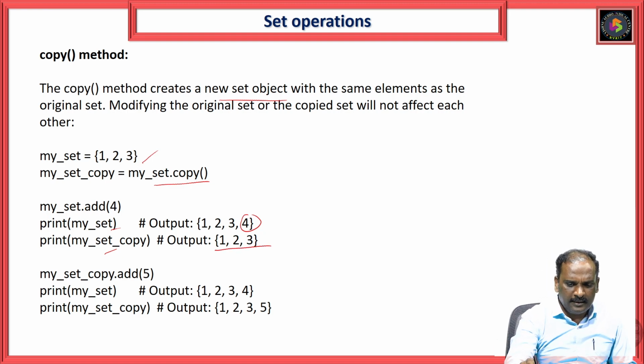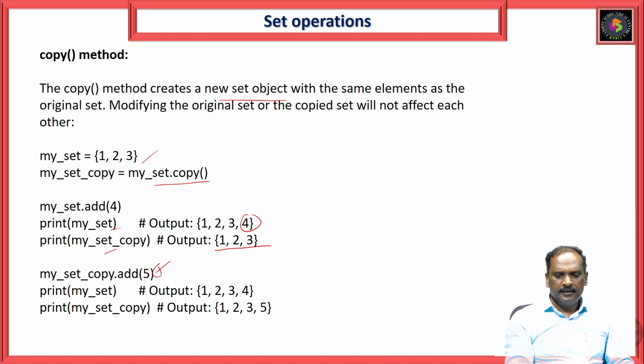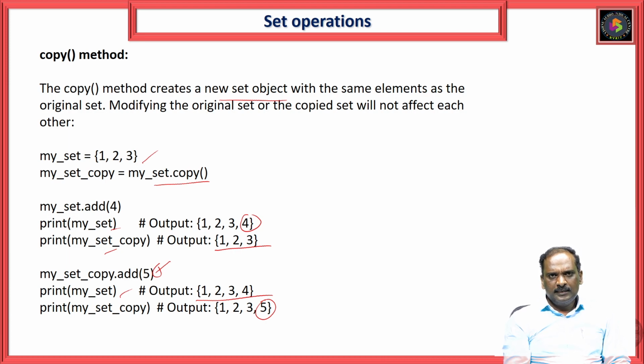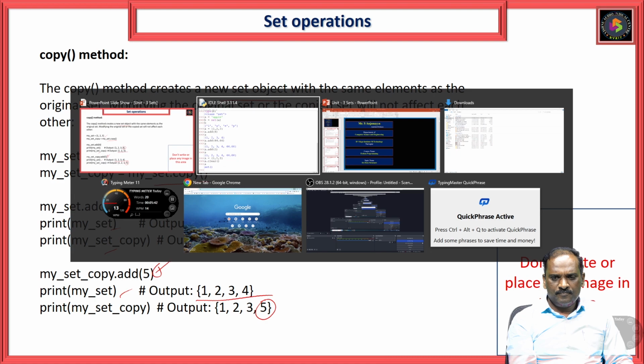Now I am adding the element 5 to the new set object. You can observe that 5 is added to the new set object. When I display the original set here, you can't see the element 5 because modifying one set will not change the other set. Now we shall see this in the Python interpreter.